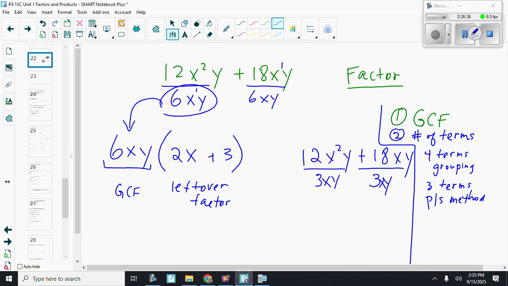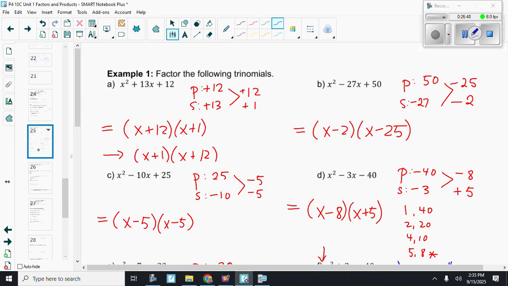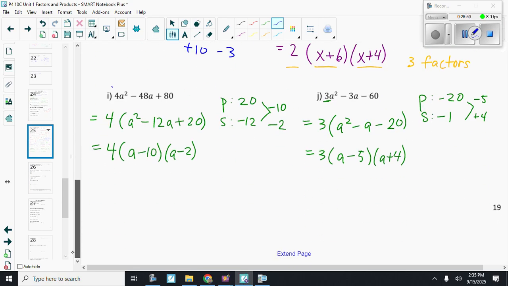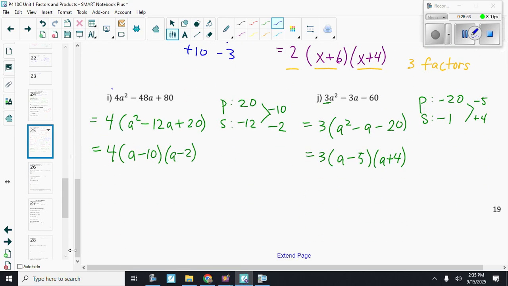Sometimes it looks like we're having to do something a little bit harder, but all we have to do is take a greatest common factor out first. So we could take a 4 out of all of these terms.